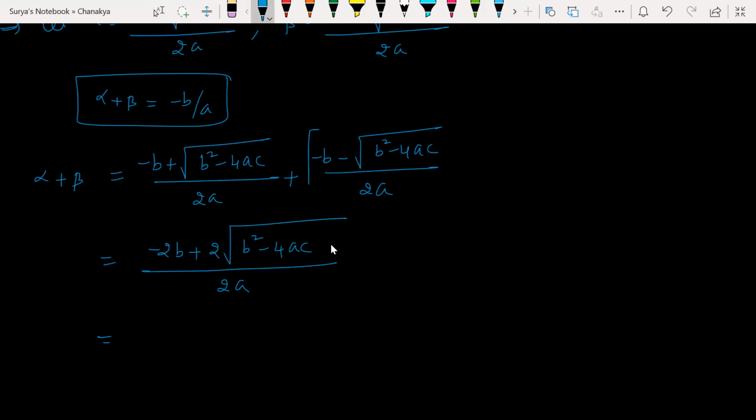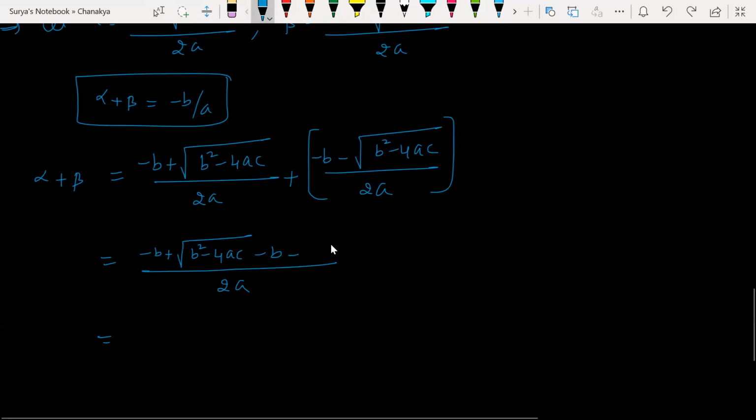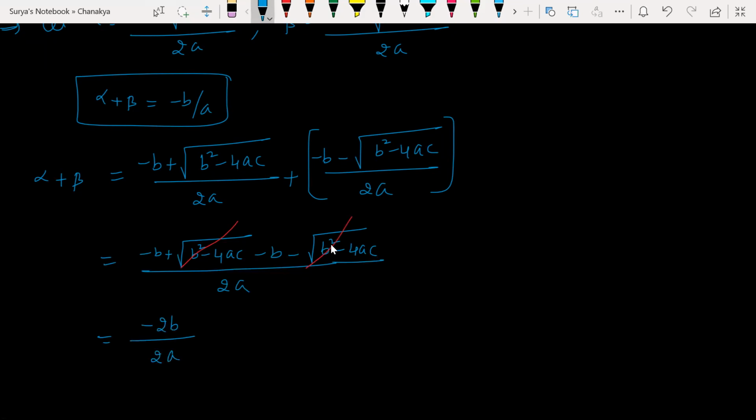See, we have plus right here, so plus into minus is minus. So we have to change here. So minus b plus square root of b square minus 4ac, here minus b minus square root of b square minus 4ac, right? So look at this now. Plus term and minus term, both will get cancelled. So minus b minus b, that is minus 2b by 2a. So 2 will get cancelled. So alpha plus beta is going to give me minus b by a.